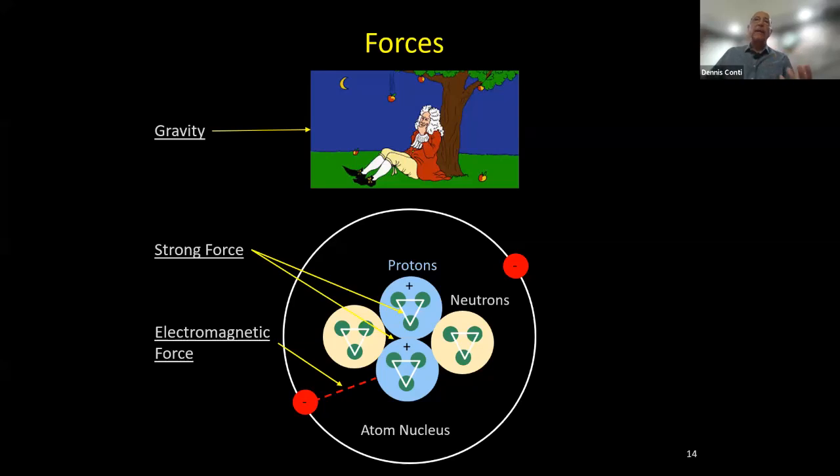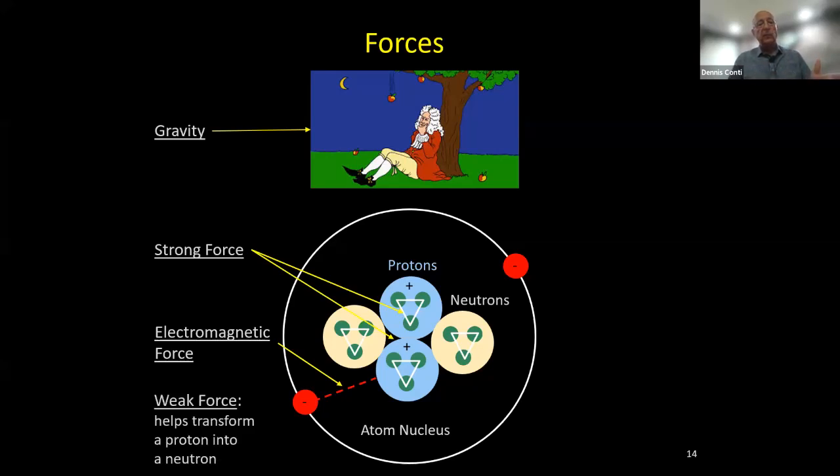If you can think of magnets, right, there's positive and negative parts of a magnet that attract each other. So the electromagnetic force is the force that's pulling together the negative charged electrons and the positive charged protons. That's the electromagnetic force. And the last force, which we'll talk about later, is the weak force.